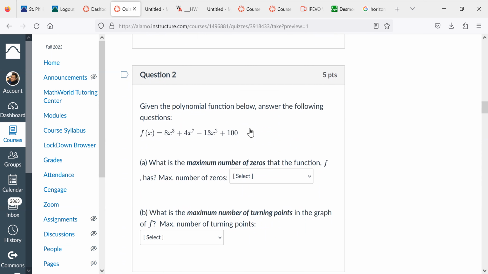What is the degree of number two? The highest one is 7, so it has to be degree 7, highest power. So that means that the highest number of zeros is going to be what? Yeah.